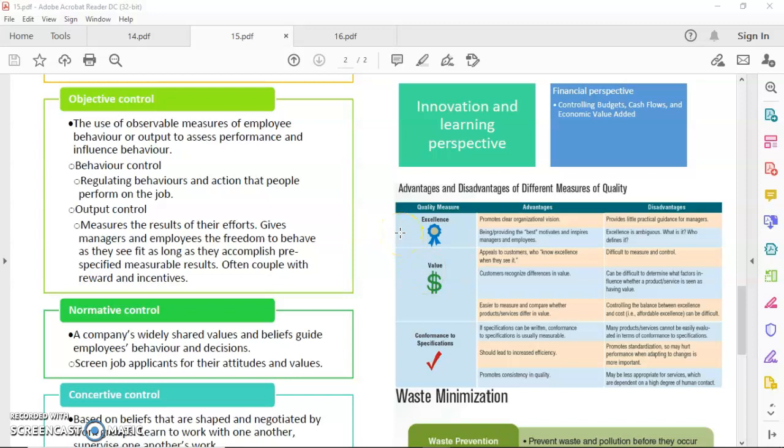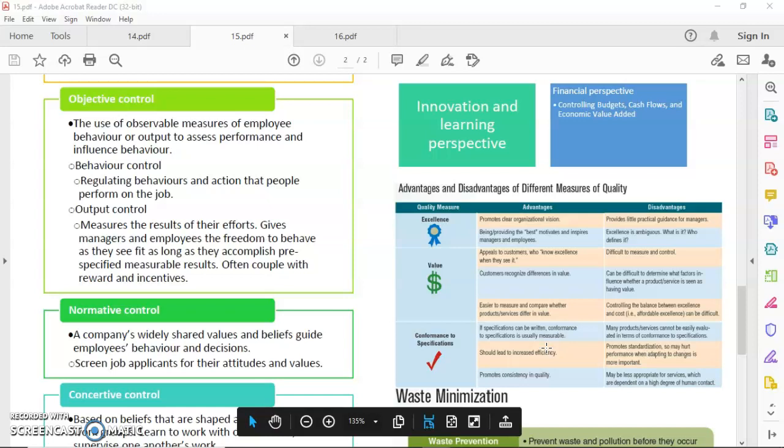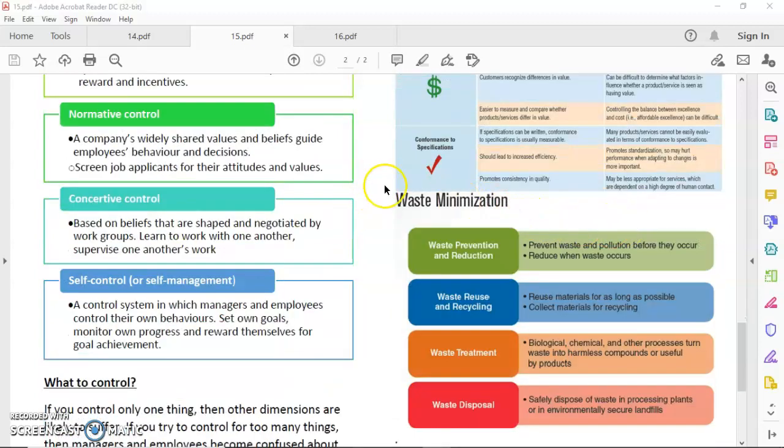And these are the advantages and disadvantages of different measures of quality. So the excellence, the value, the conformance to specification. And these are ways to minimize waste in a business. So waste prevention and reduction, waste reuse and recycling, waste treatment, and waste disposal.